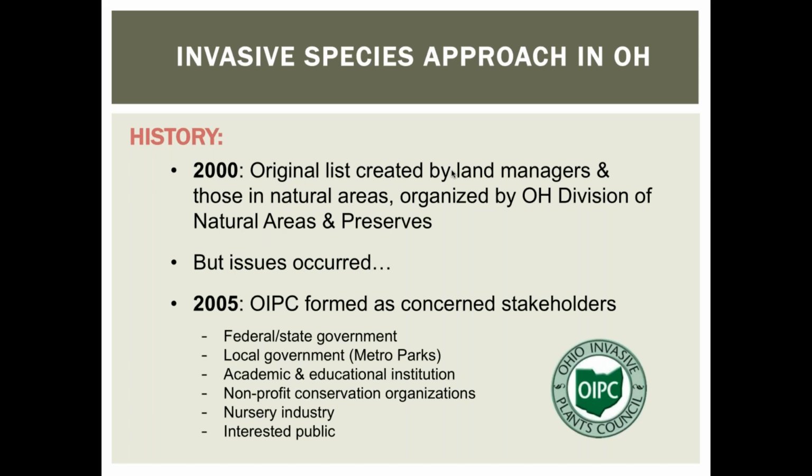In 2005, the Ohio Invasive Plant Council formed, and just briefly, if you're not aware, it's really nice because it's a combination of different stakeholders in the state, as you can see here: federal, state, local governments, academics, so that's where I come into play, nonprofits. The nursery industry is a component of that as well, and then just the interested public.